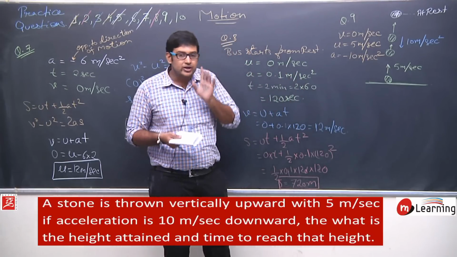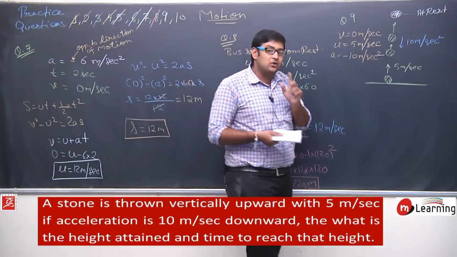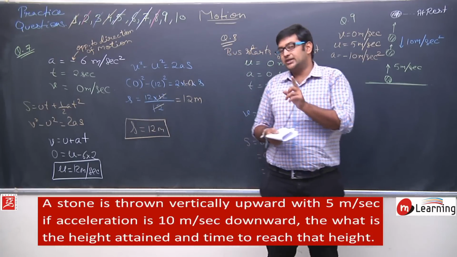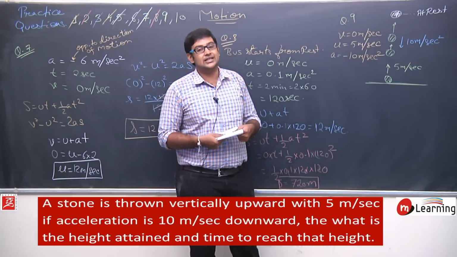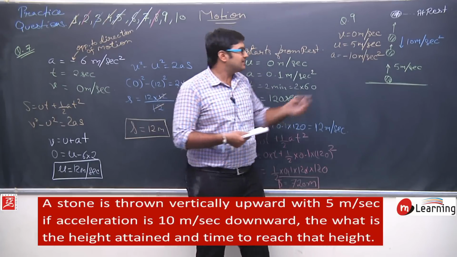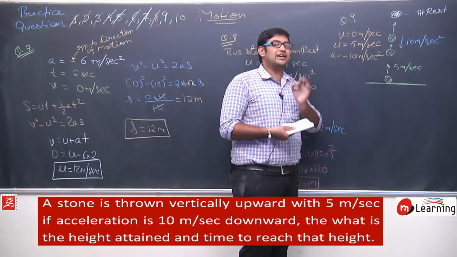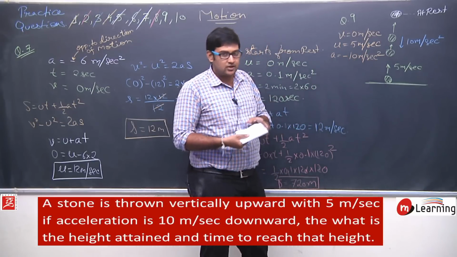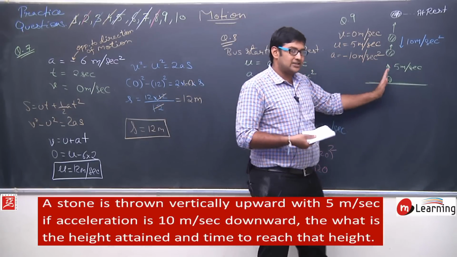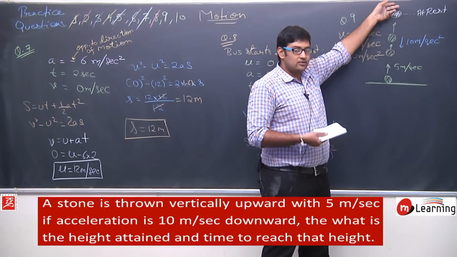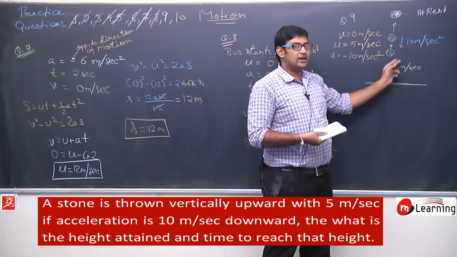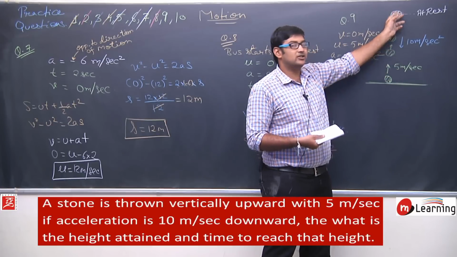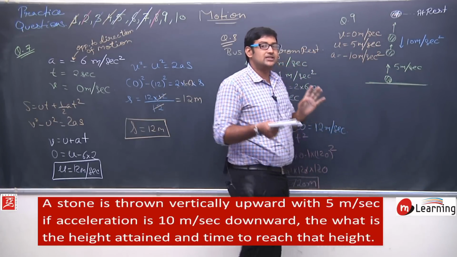So here I can apply the equations of motion, because equations of motion are applicable only where the acceleration is constant, and here the acceleration is constant. Now imagine the situation: it rises from this point and goes to this point, as if I started applying a brake from this point, and gradually the speed decreases, and at this point the velocity becomes 0.